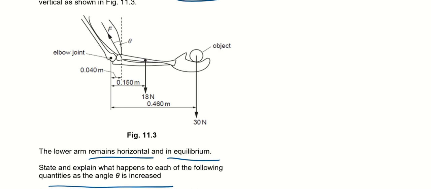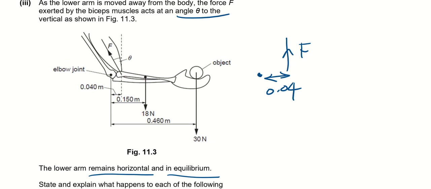So before that, it was vertical. F was vertical. Elbow joint was here. We have a perpendicular distance of 0.04. But now, if F is slanted and this angle is increased, before that, theta was 0. As theta increases, what happens to the perpendicular distance? So in this case, we just use this as an example.